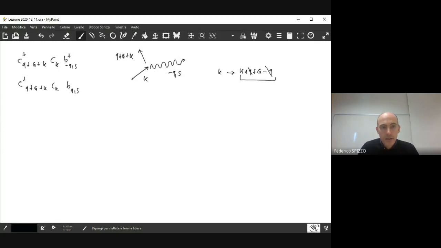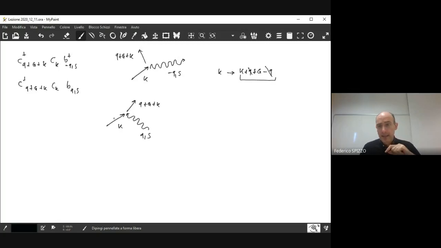The second process is described by the second combination of operators. Here we destroy both an electron and the phonon. So we have an electron with wave vector k interacting with a lattice oscillation with wave vector q and polarization s. After the interaction, we have a new electron with q plus g plus k.